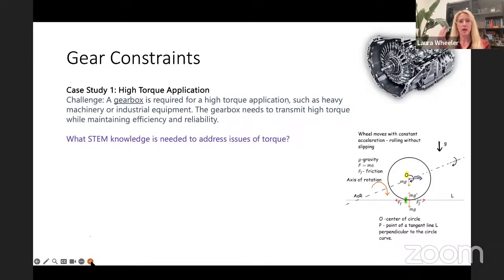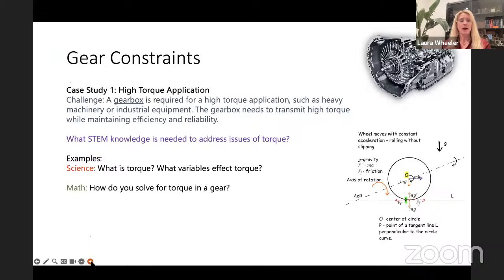So then I can use my STEM thinking and say what STEM knowledge would be needed to address issues of torque. I might say what science knowledge is needed. I would have to know what is torque. Another science question could be what variables affect torque. If I use my mathematics thinking, I could ask, how do you solve for torque in a gear? Or how can you reduce torque?